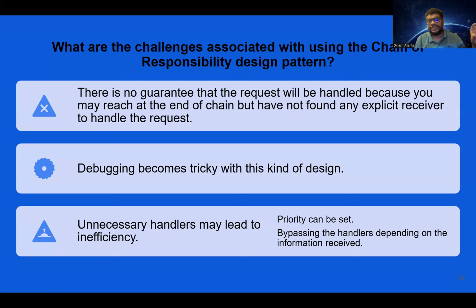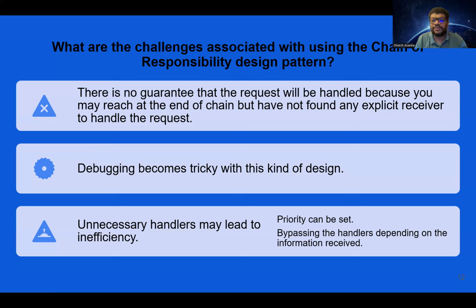Now let's say you have 5 handlers, and a given request is handled by the later handlers, fourth or fifth. So what has happened is it has gone through the first 3 handlers unnecessarily. By doing that, you are unnecessarily loading the system by running handlers 1, 2, and 3.